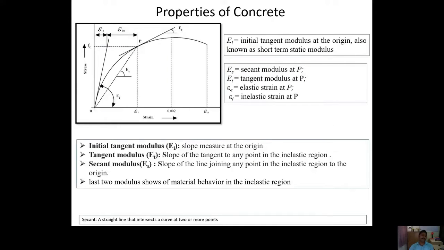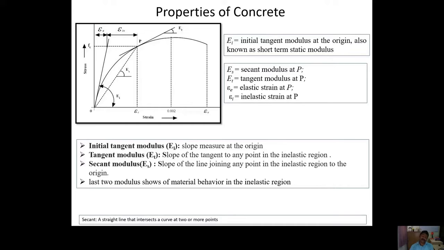Here you see that the stress strain is non-linear in nature. If you draw a tangent from the initial portion of the graph, it is called the initial tangent modulus, which we represent here as EI. That initial tangent modulus is also sometimes called the short-term elastic modulus, because that modulus is used for linear analysis in concrete also.